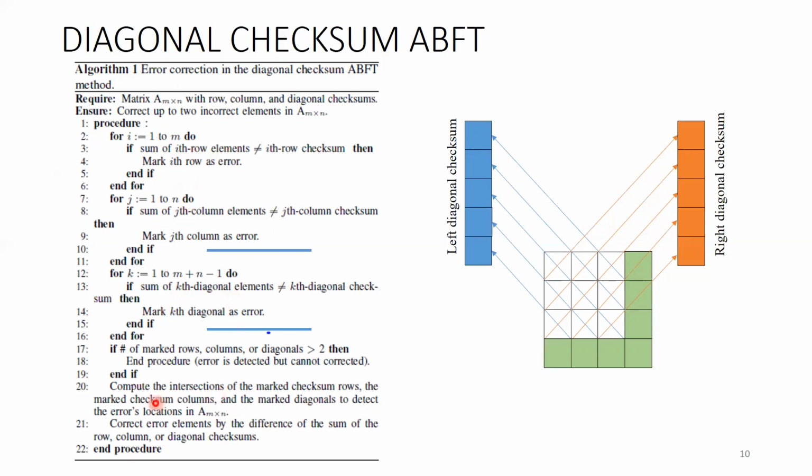By the intersection of marked rows, columns, and diagonal lines, we can determine the location of errors. If there are more than two marked rows, columns, or diagonal lines, this means that more than two errors have occurred. The algorithm will end. Finally, we can correct the errors by row checksum, column checksum, or diagonal checksum.